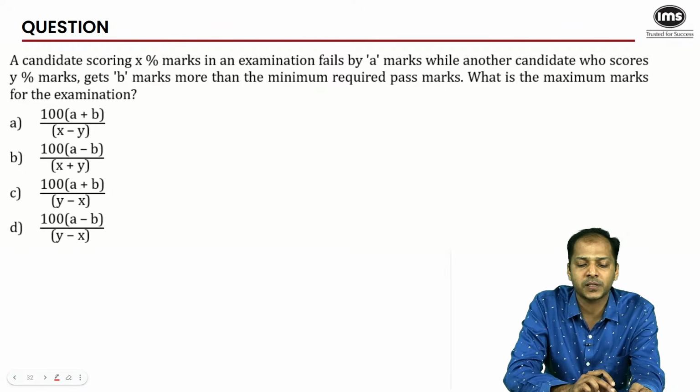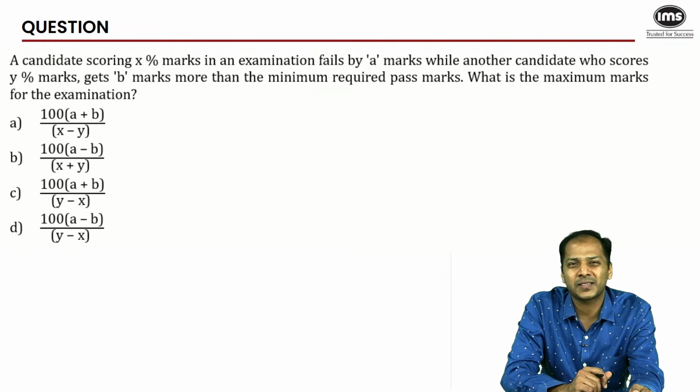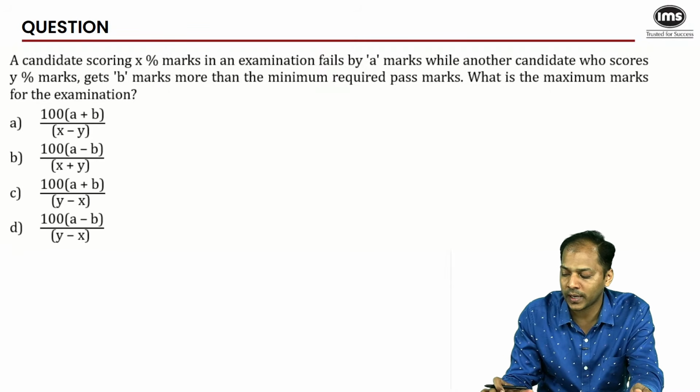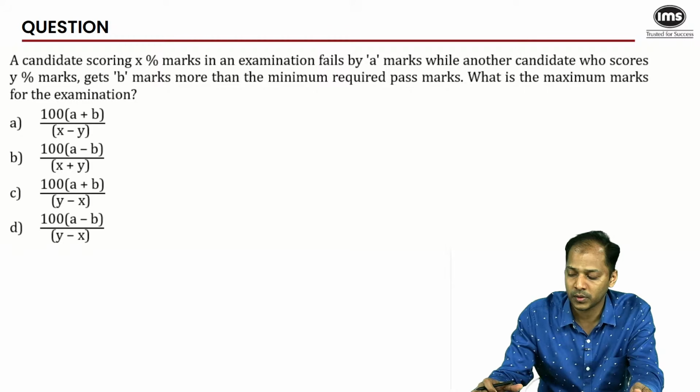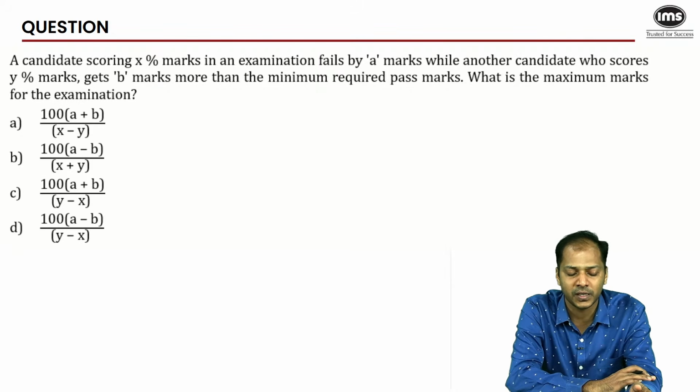A candidate scoring X% marks in an examination fails by A marks, while another candidate who scores Y% marks gets B marks more than the minimum required pass mark. What is the maximum marks? I would want you all to try this for a minute. Seems to be a little lengthy. See if you would attempt this question in the exam or not, based on the level of difficulty of what we've seen till now.